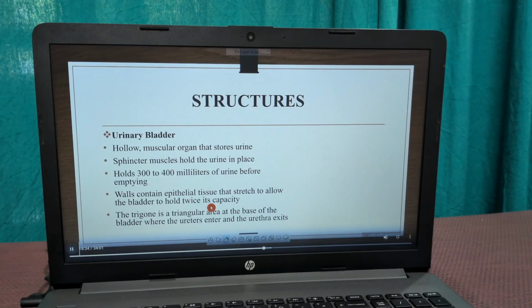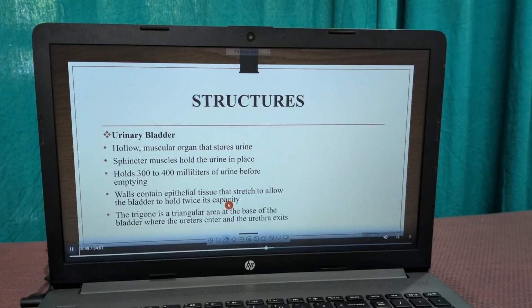Now talking about the urinary bladder. The urinary bladder is attached to the ureters. It is a hollow muscular organ whose function is the storage of urine. It consists of sphincter muscles which help in holding the urine.